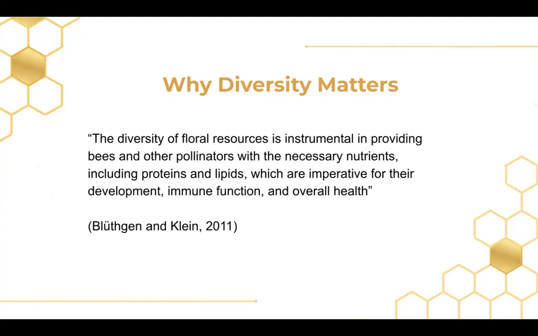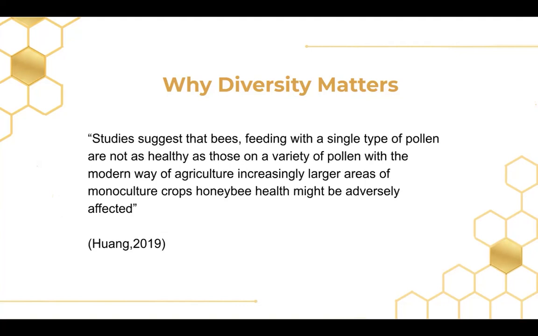Another: "The diversity of floral resources is instrumental in providing bees and other pollinators with the necessary nutrients, including proteins and lipids, which are imperative for their development, immune function, and overall health." Studies suggest that bees feeding on a single type of pollen are not as healthy as those on a variety of pollen, and with the modern way of agriculture using increasingly larger areas of monoculture crops, honeybee health might be adversely affected.